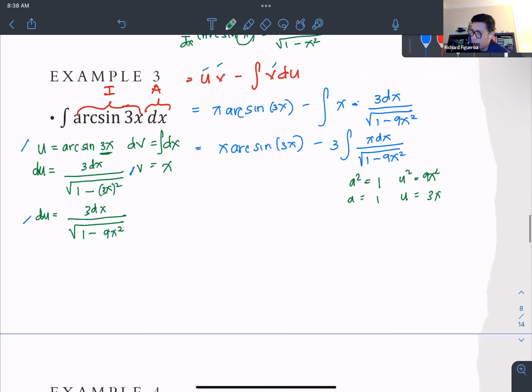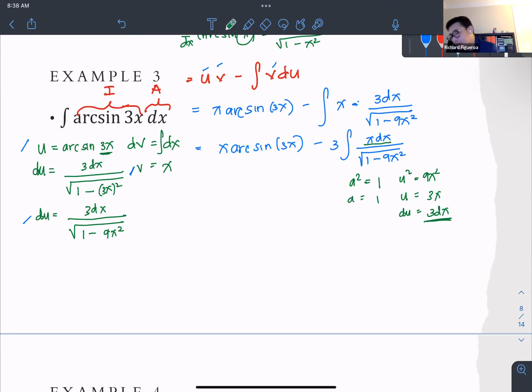Kaya lang, pag dinerive natin ito, du, that's a derivative of 3x, it's 3 dx. But the problem here, this is x dx. So sobra tayo ng variable. So hindi pwede ang inverse trigo dito.